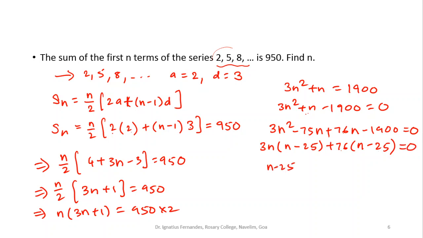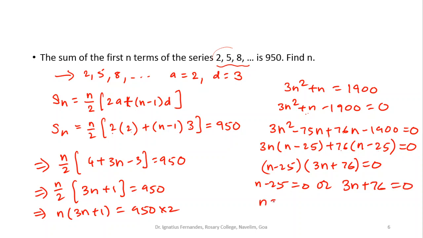This is equal to 0. So (n minus 25) is common in both the terms, so (n minus 25) into (3n plus 76) equals 0. So either n minus 25 is 0 or 3n plus 76 is equal to 0. So either n is equal to 25 or n is equal to minus 76 upon 3.